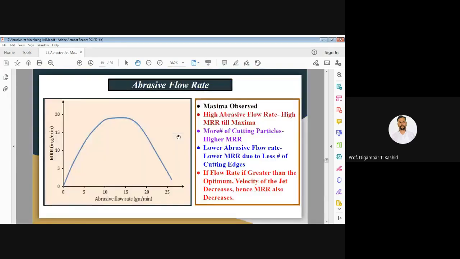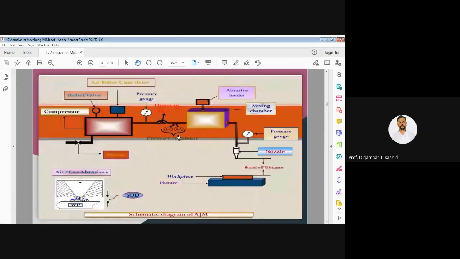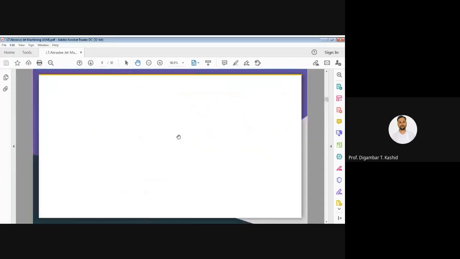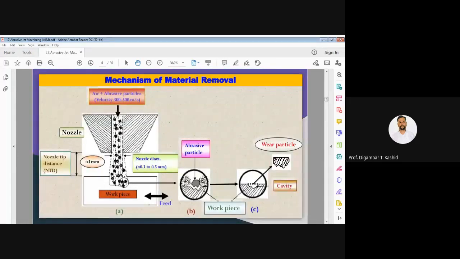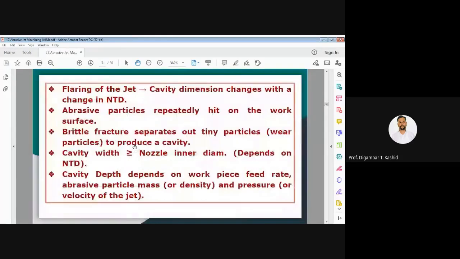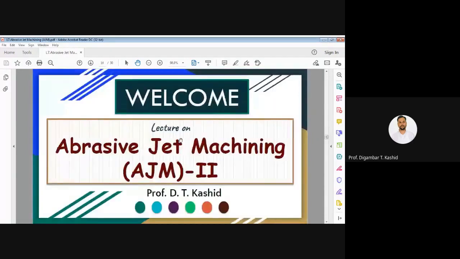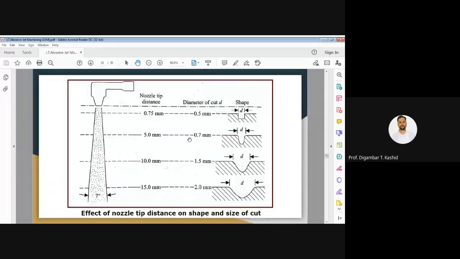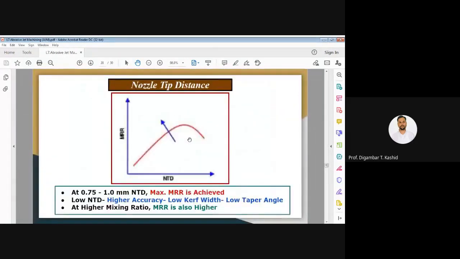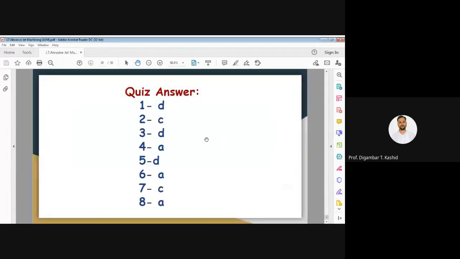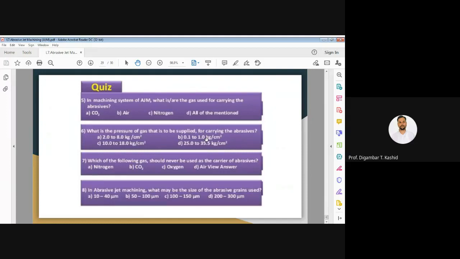I will show the diagram also. Okay, so the range is 2 to 8 kg per centimeter square.